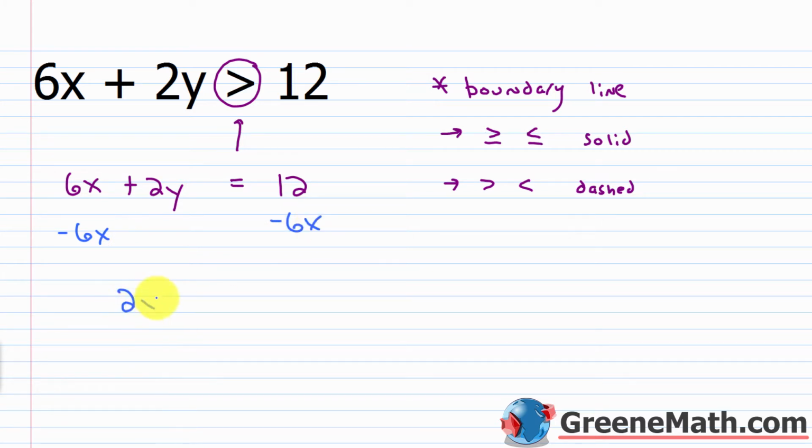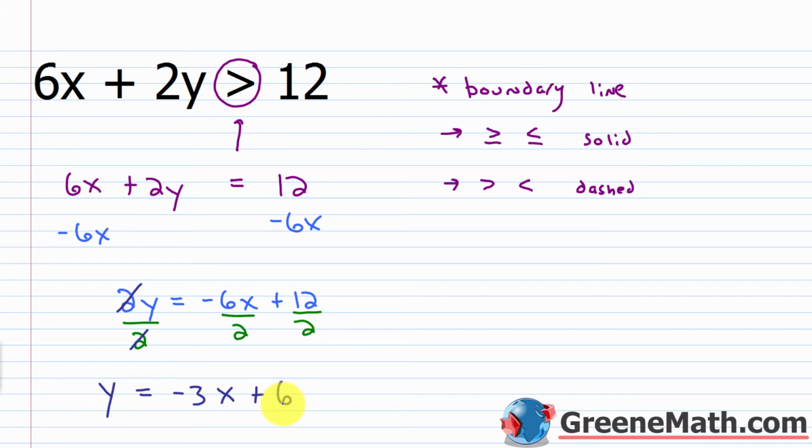That'll give me 2y = -6x + 12. Let me divide both sides of the equation by 2. And we'll see that this will cancel with this, and I'll have y by itself. This is equal to -6 over 2, which is -3, times x, then plus 12 over 2, which is 6. So this line right here is very easy to graph.